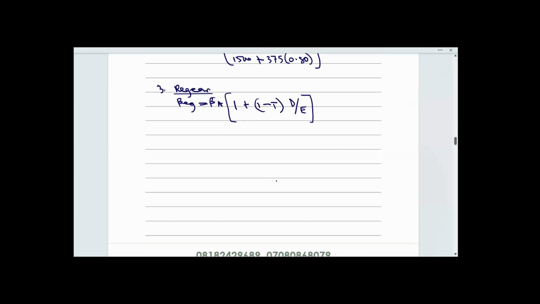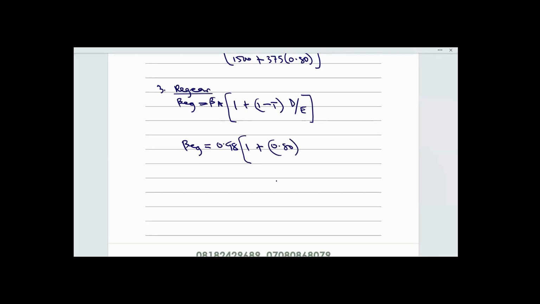So this is the formula you are going to use to regear if debt beta is assumed to be risk-free, like in this question. So beta equity of the geared firm will then be equal to 0.98 multiplied by 1 plus, tax rate is 20%, so we are accounting for 80%.